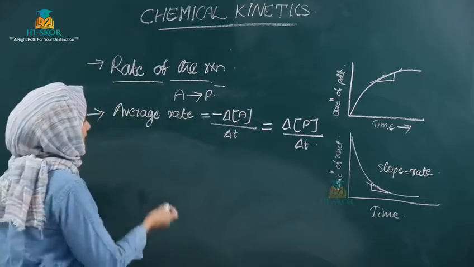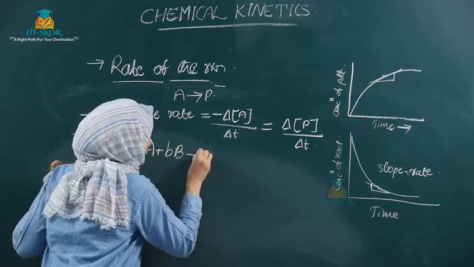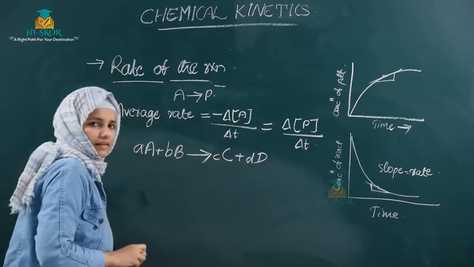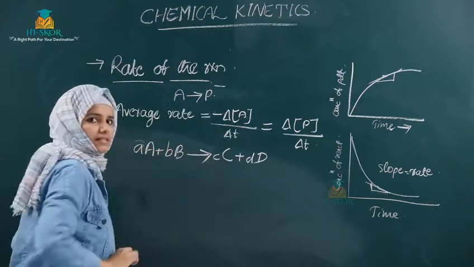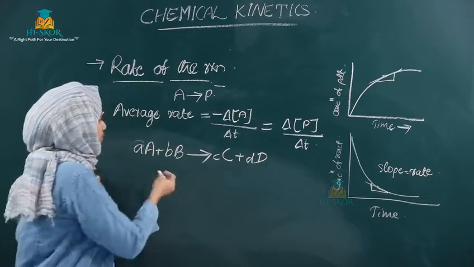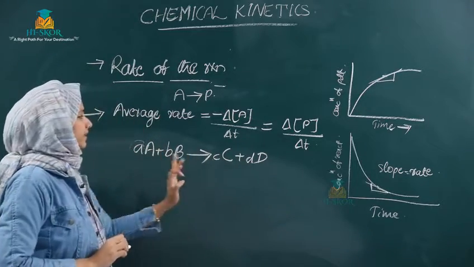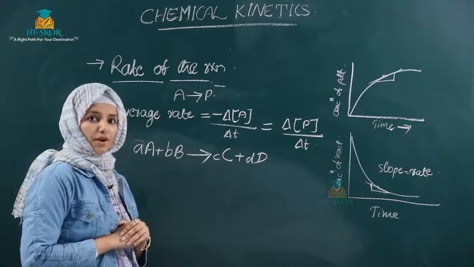So generally we can write like this. For a hypothetical reaction, aA plus bB gives cC plus dD, suppose this is a reaction. Here small letters a, b, c, d represent the number of molecules reacting or forming. We can say the stoichiometric coefficients.